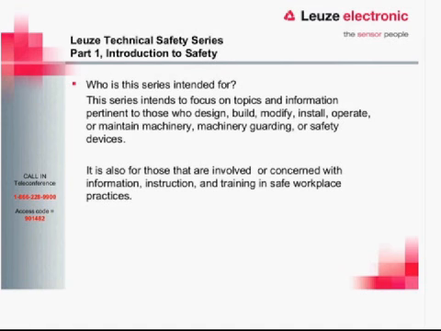As I said before, just throwing a light curtain on something doesn't make it safe. We need to look at the whole big picture of what is necessary to make that machine safe. It's also for anybody concerned with safety training, anybody who does EH&S at any plant, and you're looking for specific guidelines to help you pick things out.